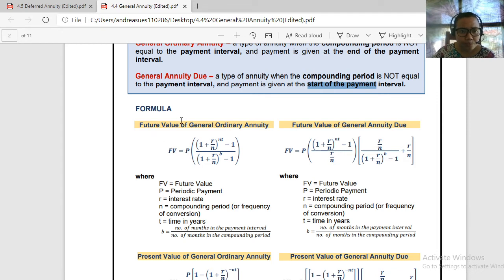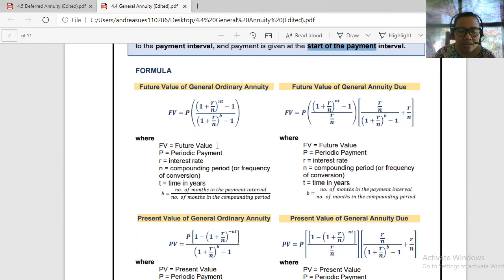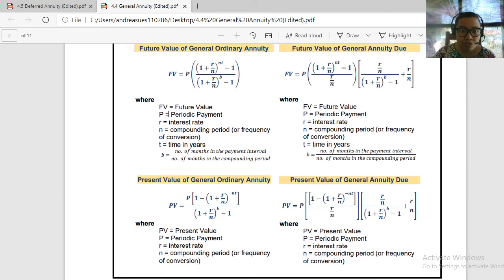So, what are the formulas for these general annuities? First, we have the formulas for the future value of general ordinary annuity and the future value of general annuity due. As you can see, these are the following formulas. Let's try to know the parts of the formula.